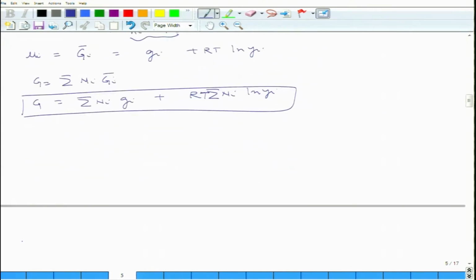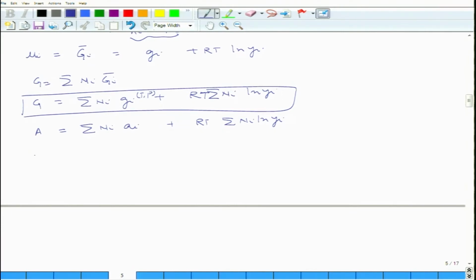Now, similarly, I can extend this exercise for Helmholtz free energy, and this is going to be, in a similar way, summation Ni ai plus RT summation Ni ln Yi. Okay. Remember that this is at temperature T and pressure P.